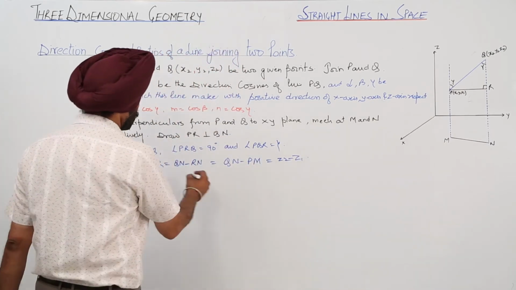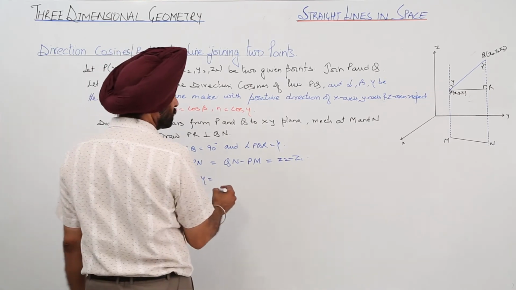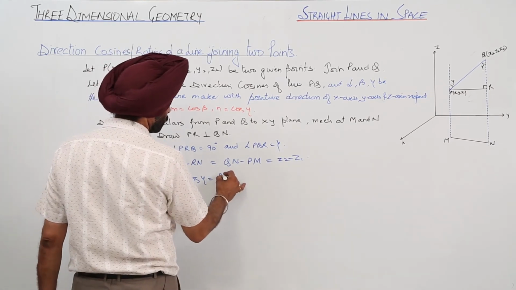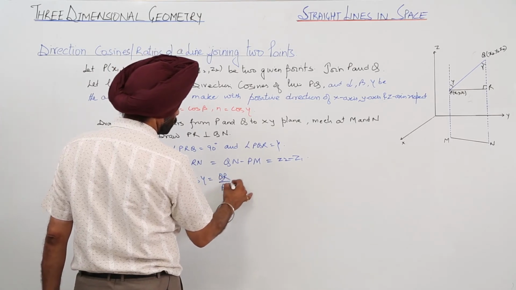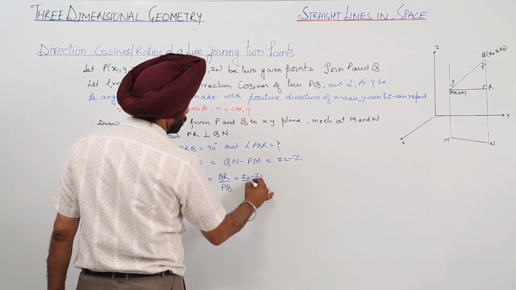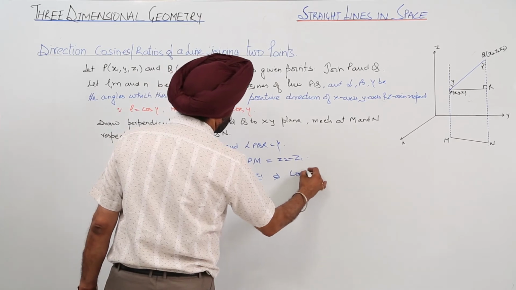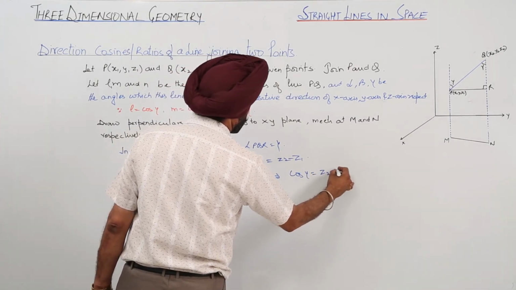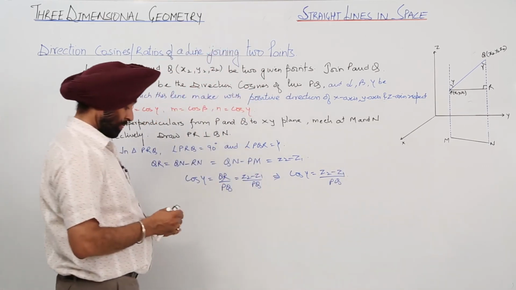Now cos gamma is equal to QR upon PQ, or this is equal to z2 minus z1 upon PQ, or this implies cos gamma is equal to z2 minus z1 upon PQ.